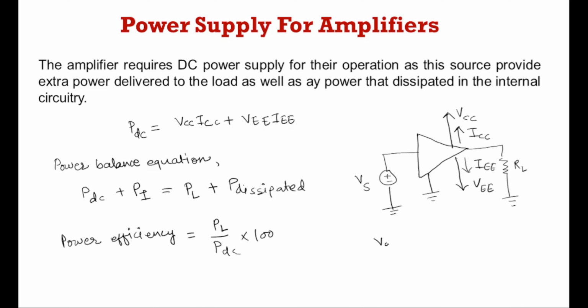So this is the output signal given by the gain. So this is the range for the input signal so that we get a full swing output signal.